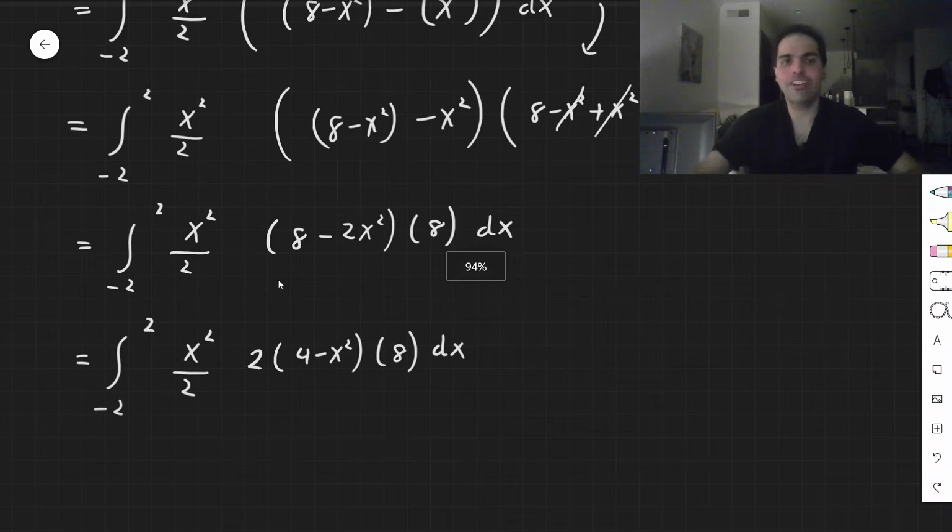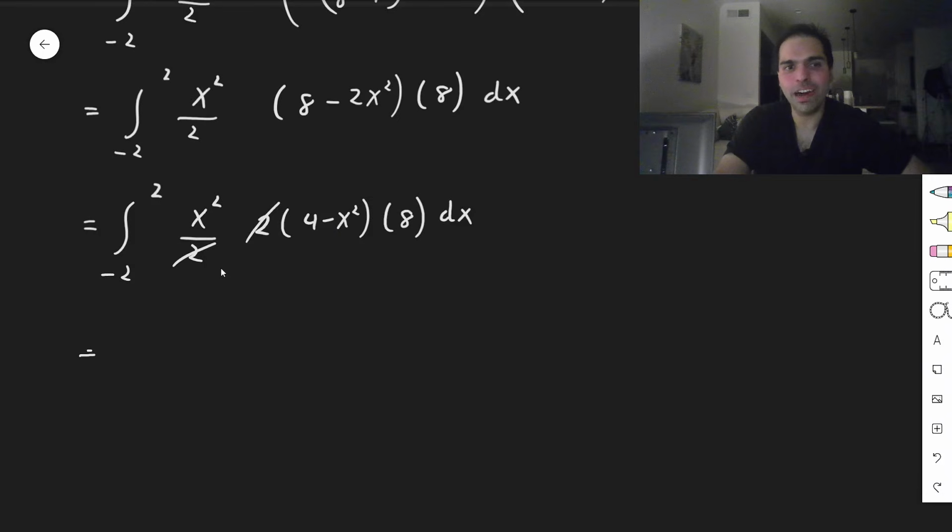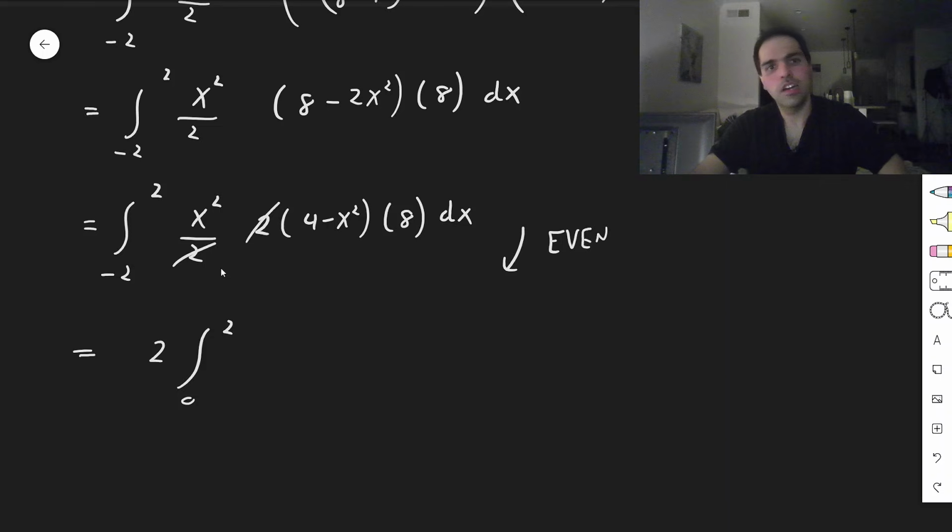And this simplifies. And we can do even better because notice, this is in fact an even function. So the integral from minus 2 to 2 becomes 2 times the integral from 0 to 2 of, again, 8x squared times 4 minus x squared dx.